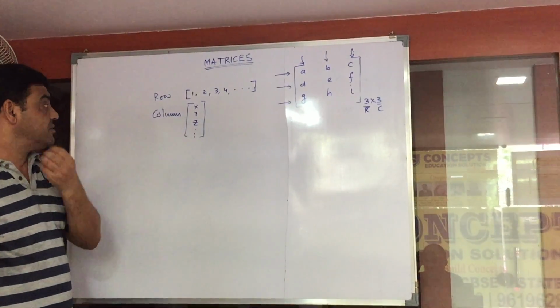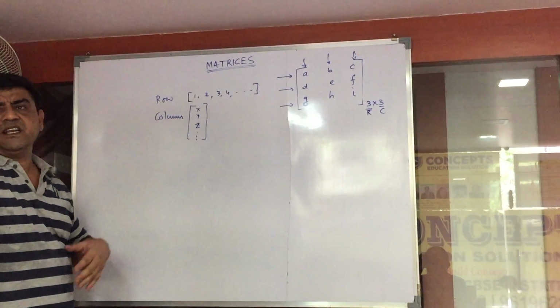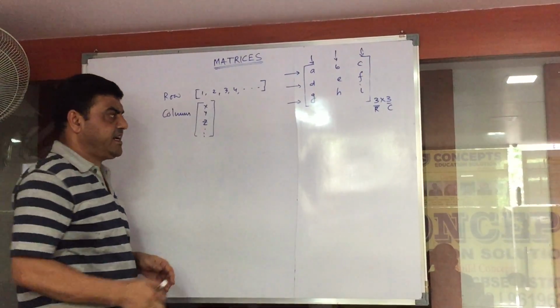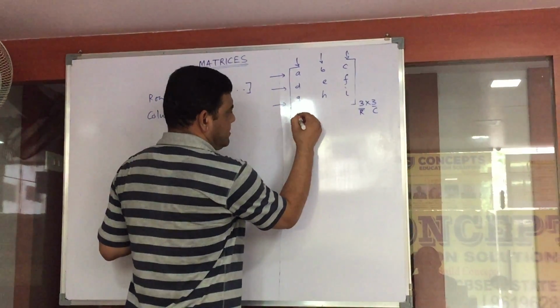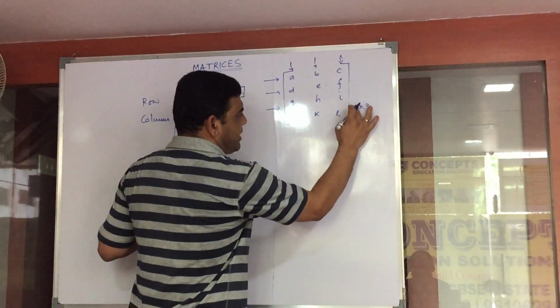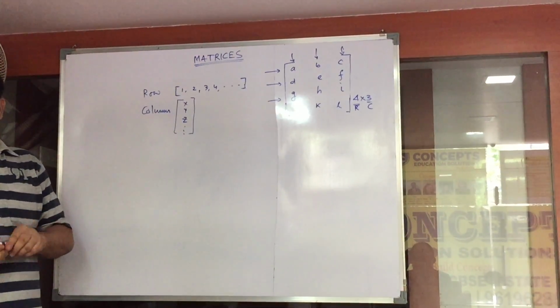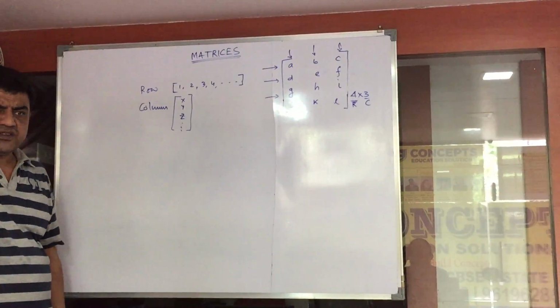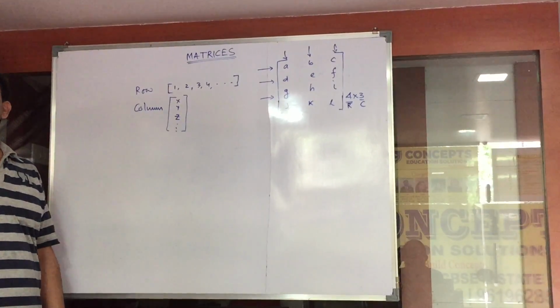When we talk of a matrix, fundamentally it could be rectangular, like I can add one more column. Then it becomes a 4 by 3 matrix. Total number of elements is 12. But most of the matrices we will be studying are mainly square matrices.